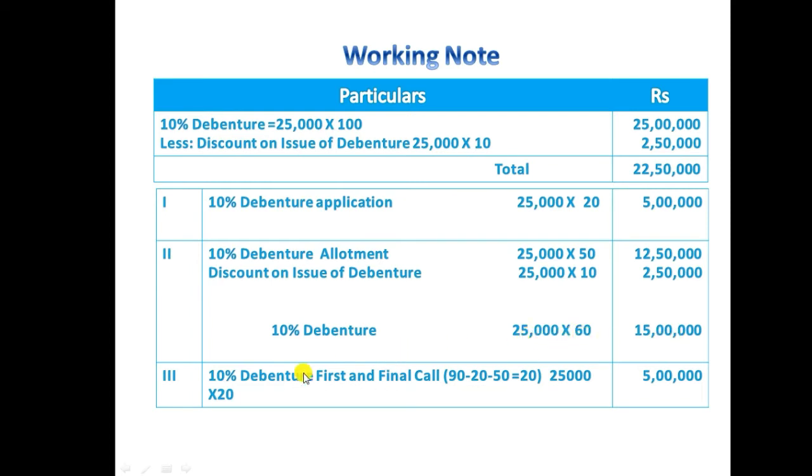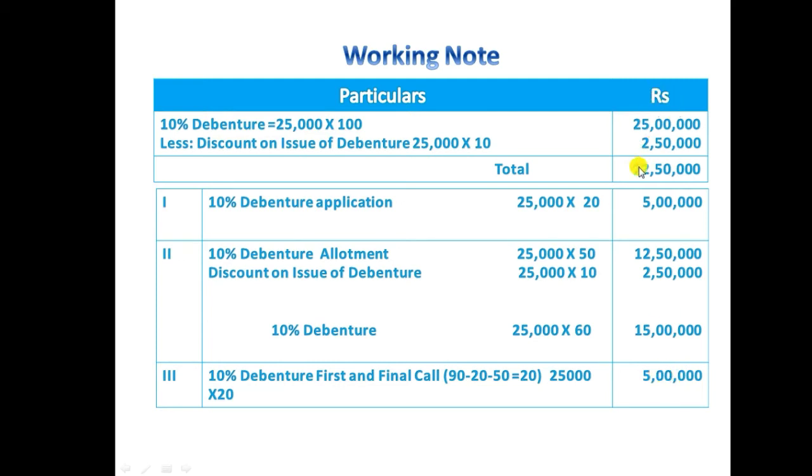And the third installment the company will collect as first and final call. So 10% debenture first and final call account, 90 is the amount as I explained earlier, minus 20 on application and minus 50 on allotment. The balance 20 rupees is in first and final call. So 25,000 into 20 each will get 5 lakh rupees the company is going to collect in the last installment.